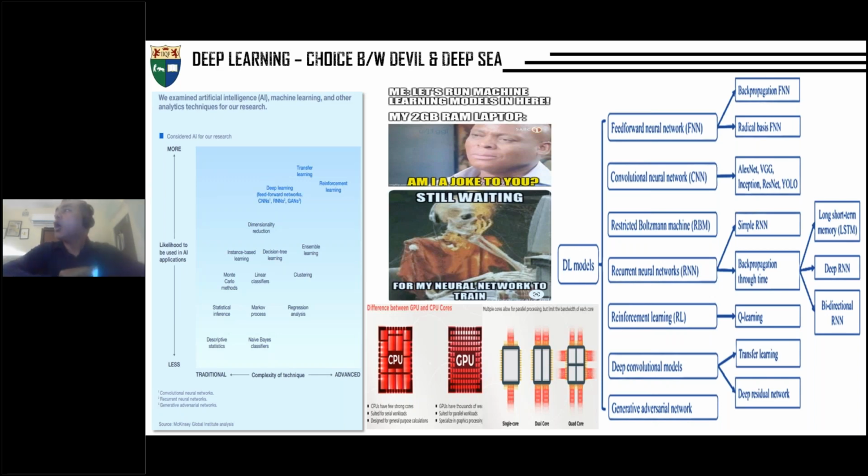So on the right hand side you could see various kinds of deep neural networks, some of which are feed forward neural networks, convolutional neural networks, and other kinds. The basic idea is that these neural networks have already been tried on multiple problems, and we have quite a high success rate.